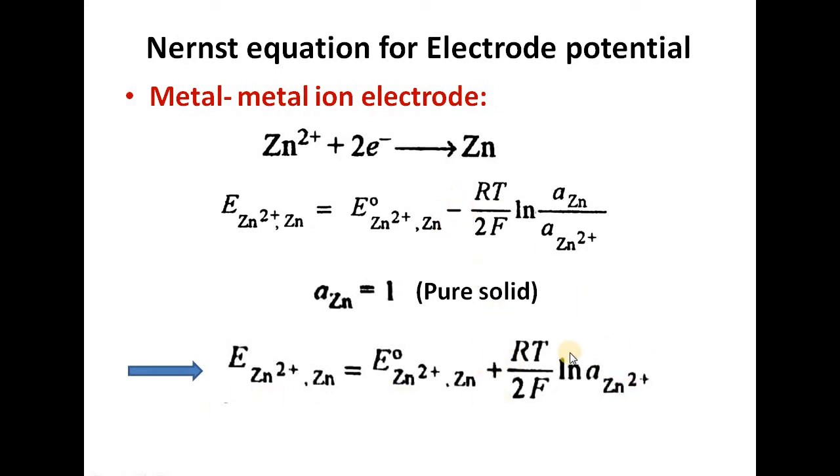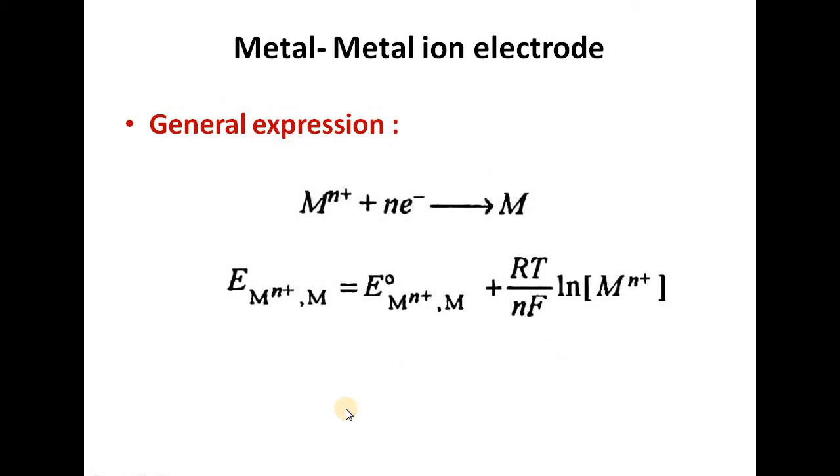So we have this final expression for the electrode potential of the zinc electrode. In the general case, if there is a metal having oxidation state N plus that takes N electrons to give the metal, we get this general expression for the electrode potential of the given electrode.